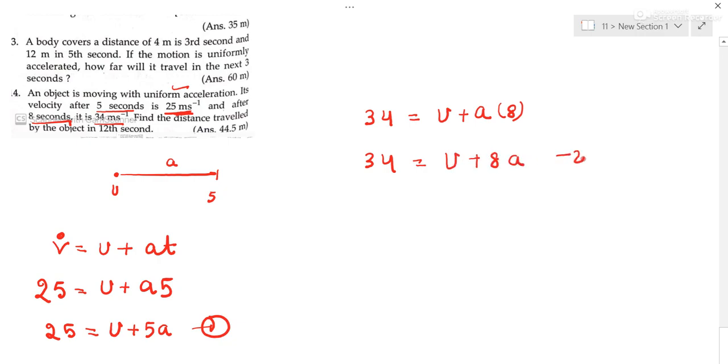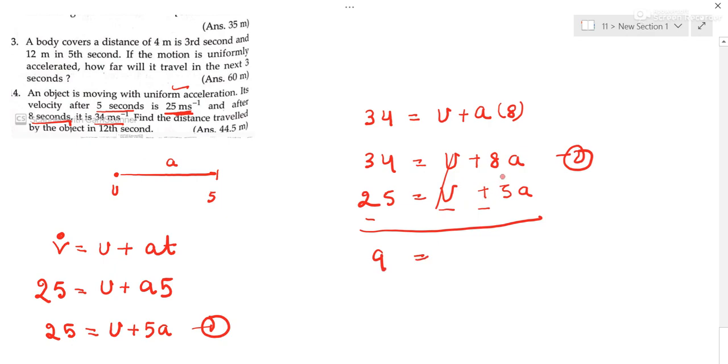Now this is equation number 2. We can subtract 1 from it. 25 equals u plus 5a. Subtract, u cancels. 34 minus 25 is 9. 8 minus 5 is 3. So 3a is 9, and acceleration is coming as 3 meter per second square.